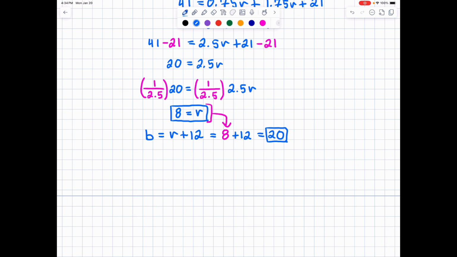I'm going to say that Oliver's average speed running was 8 miles per hour, because that's what we got for r.